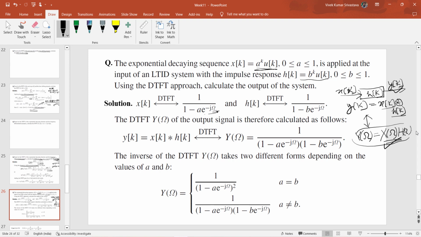Similarly, the Fourier transform of h of k is 1 over 1 minus b e raised to the power minus j omega.